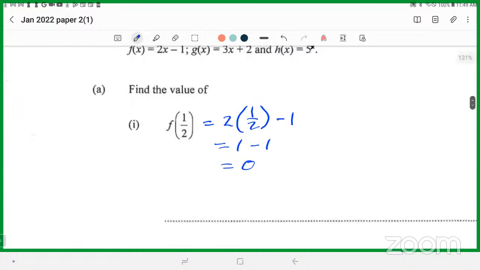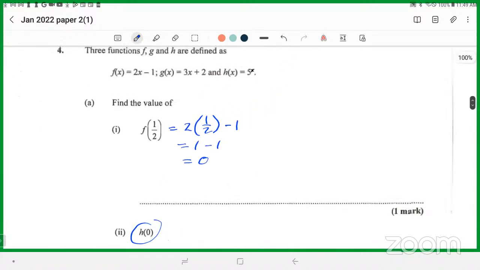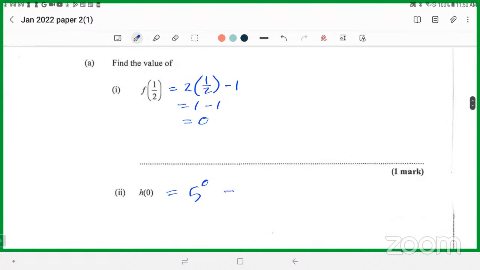All right, let's see what they want us to do. They want h of 0. How do we get h of 0? I'm going to plug 0 into the h function for the x. H of 0 means 5 raised to the power 0. 5 to the power 0 is equal to 1. Any number raised to the power 0 is 1.